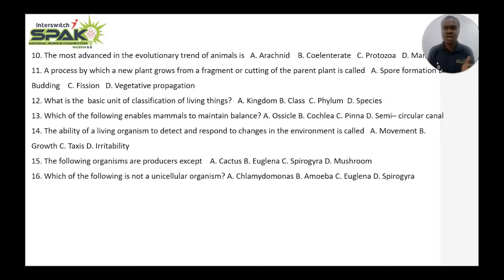So a filament of Spirogyra can consist of many cells attached to one another from one end to the other. So it's not unicellular. It's more advanced compared to the others. So which of the following is not a unicellular organism?